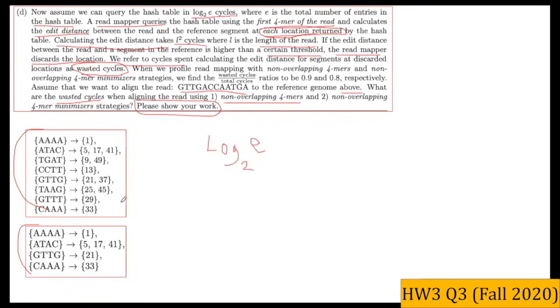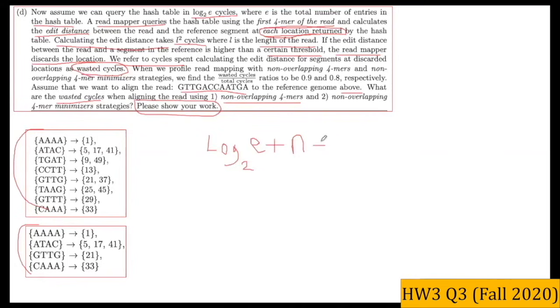Now, the hash table returns some number of locations, let's assume to be n. At every one of these returned locations, we need to perform an edit distance operation.